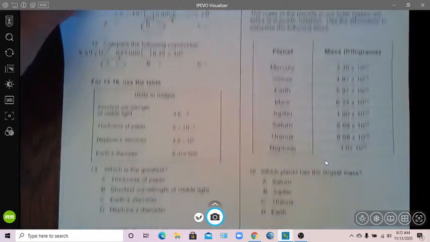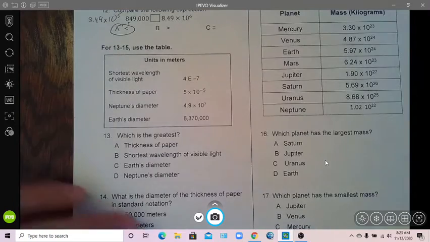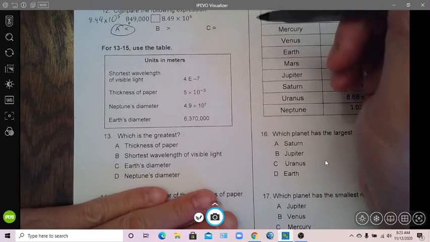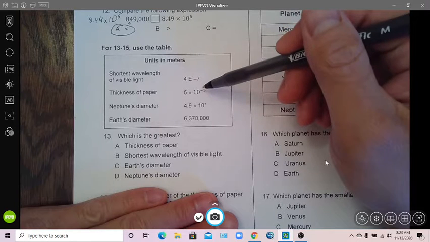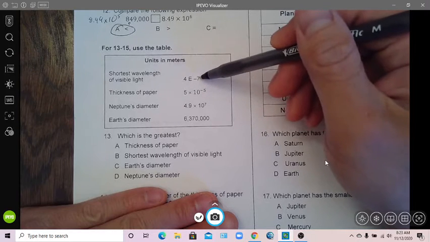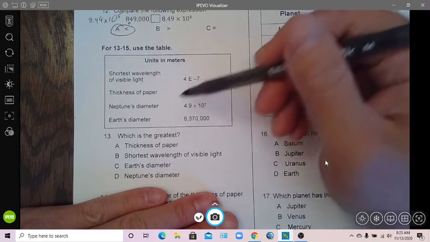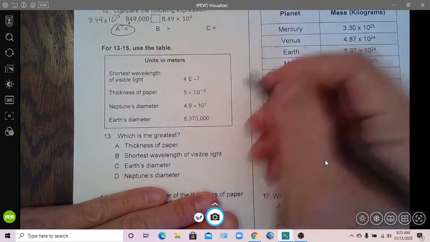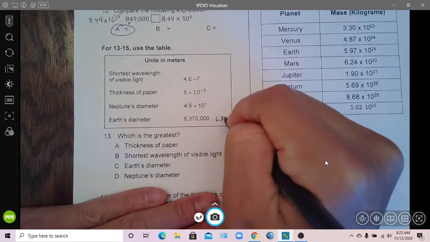Okay, let's take a look at number 13. Which number is the greatest? So if I look up here, I can see the exponents in scientific notation for all of them, except for the Earth's diameter. So let me go ahead and write that. 6.37.